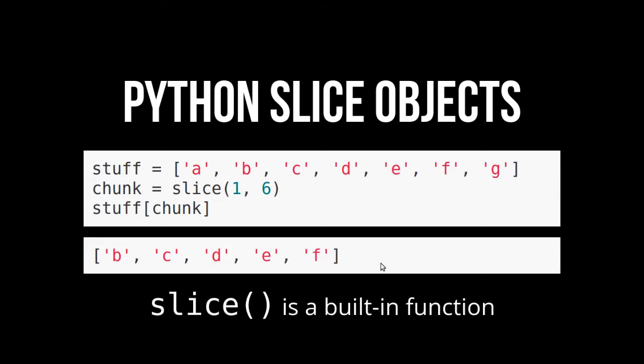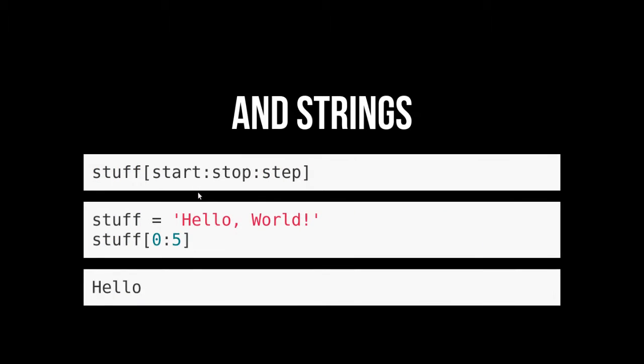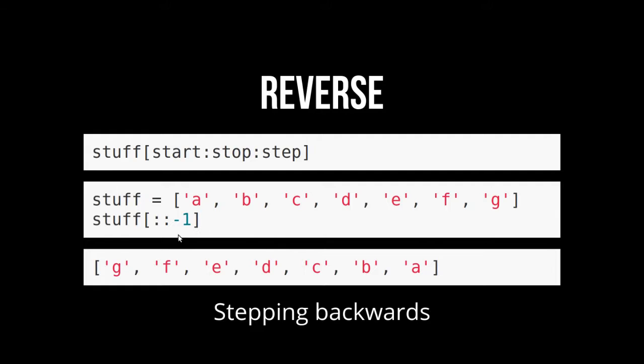There is the Python slice object. I'd forgotten about this. So let's say we've got our stuff, once again the same one we used before, and we actually want to create a slice object. You do that with the slice function here, and it returns a slice object. You use that same kind of format as the brackets, where you have the start, and the end, and then possibly a step.